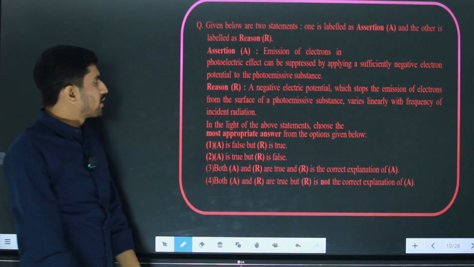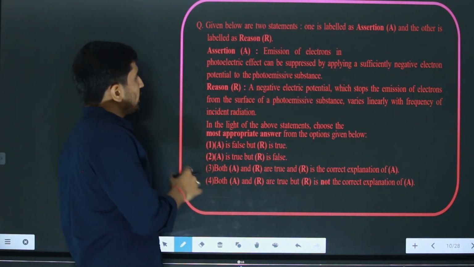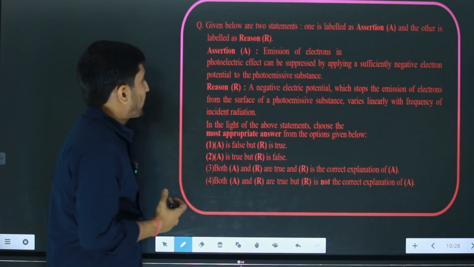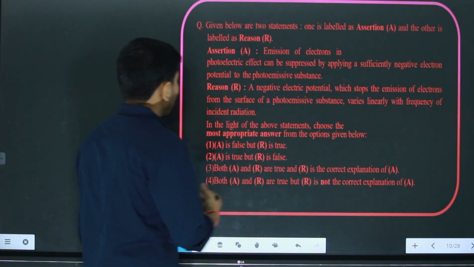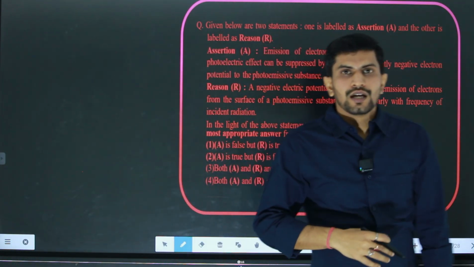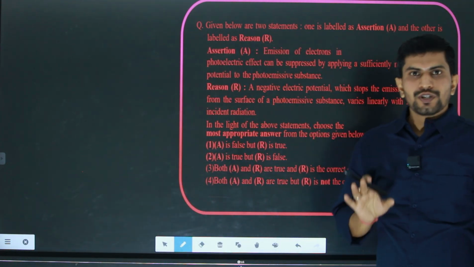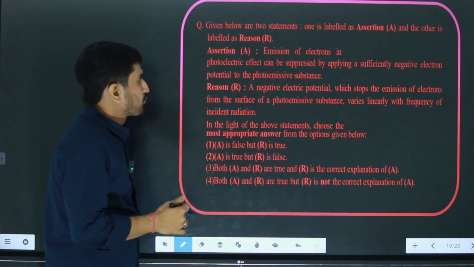This one is also an assertion reason question. Let's read the statements. First statement is emission of electron in photoelectric effect can be suppressed by applying sufficiently negative potential to the photosensitive substance. This is a correct statement. We study this in the experimental photoelectric effect.